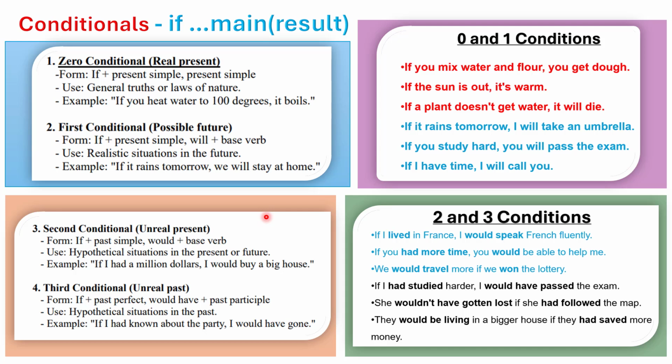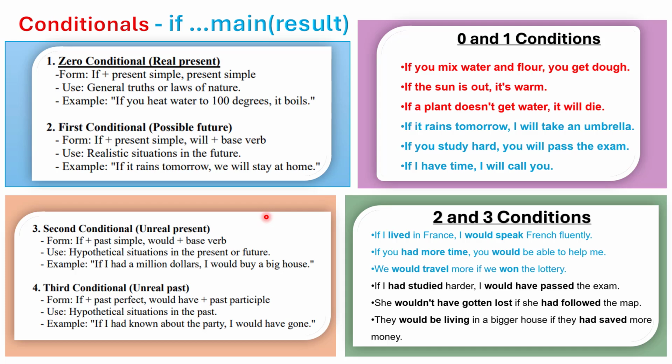As you can see, both parts are in the past. Why is this the third conditional? Because, as I said before, it is more impossible than the second conditional. In the second conditional, if I had $1 million, I would buy a big house in the future, or now. So maybe I can buy a big house.